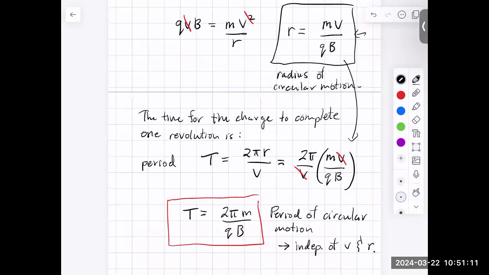This is kind of similar to what we were talking about in the very first lab with the pendulum. With the pendulum, we found that if we increase the amplitude of the motion, then the period changed a little bit. Here, we have something where the size of the circular orbit does not affect the period of the motion.